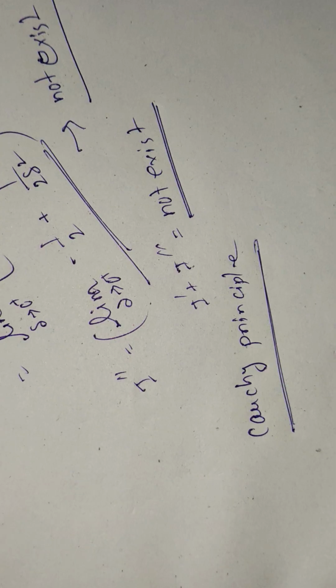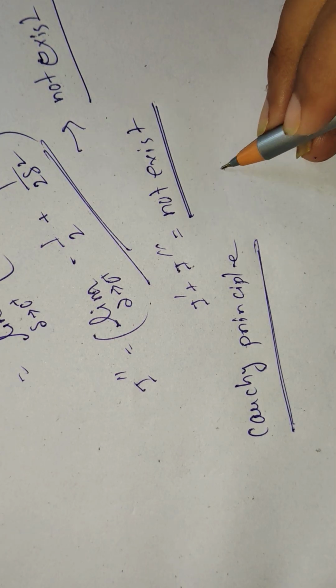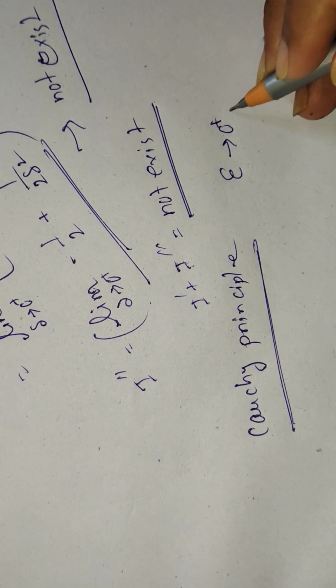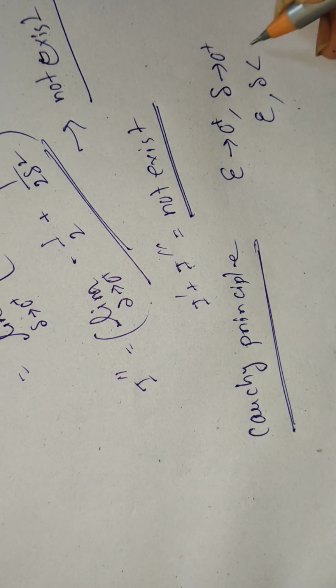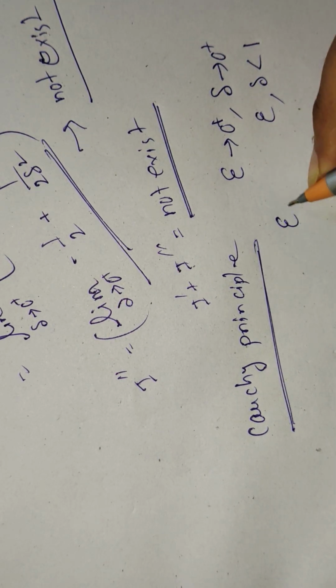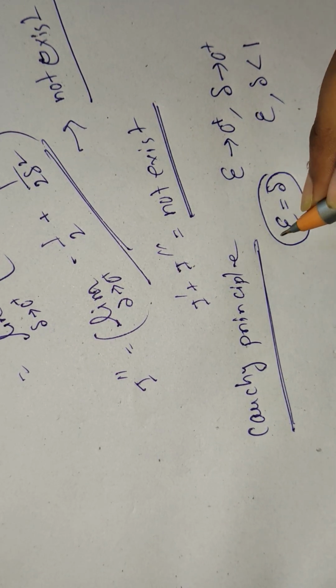What Cauchy's principle is saying to us is that epsilon is tending to 0 positive and delta is also tending to 0 positive, both of them less than 1. So we can take this for this kind of integral only.